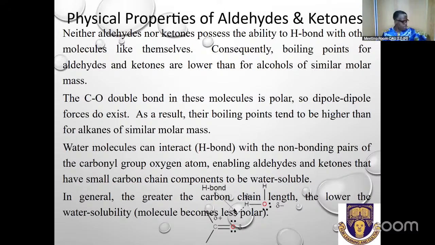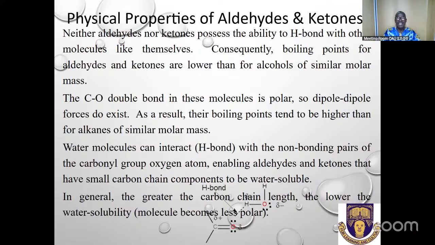I have like 6 minutes, so let's quickly run through these physical properties of aldehydes and ketones. Neither aldehydes nor ketones possess the ability to hydrogen bond with other molecules like themselves.